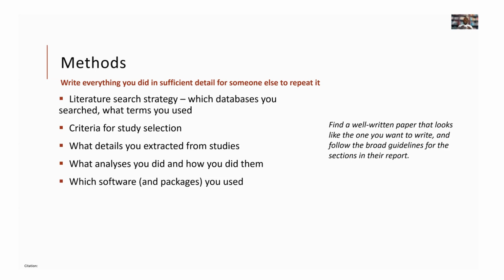And then now that we have the analytic sample, you have your extraction sheet that identifies what information exactly you want to extract from each of the studies that ends up in the analytic sample. And then you can describe the analysis you did, the methods you used, and the software you used in conducting that analysis.